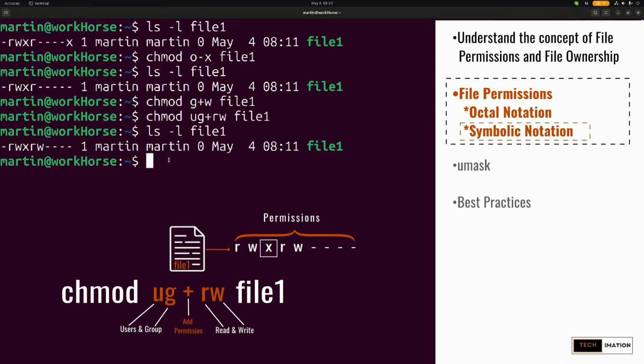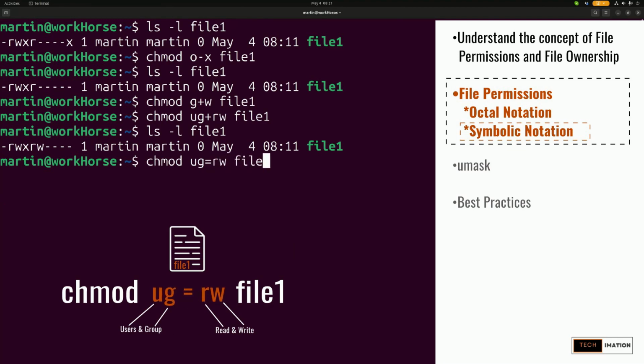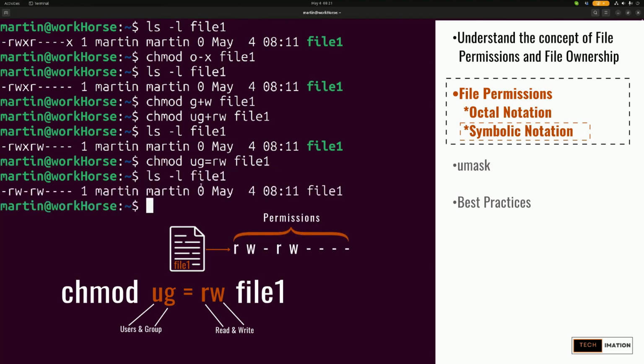Now, if you wanted to write a command that would change previously written permissions so that just the user and the group will have the read and write permissions and all former permissions will be obliterated, you would use the equal sign. Right? So if we do that, we have a situation where all the former permissions are gone. And right now, we have just the permissions that we specified here. Read, write. Read and write.